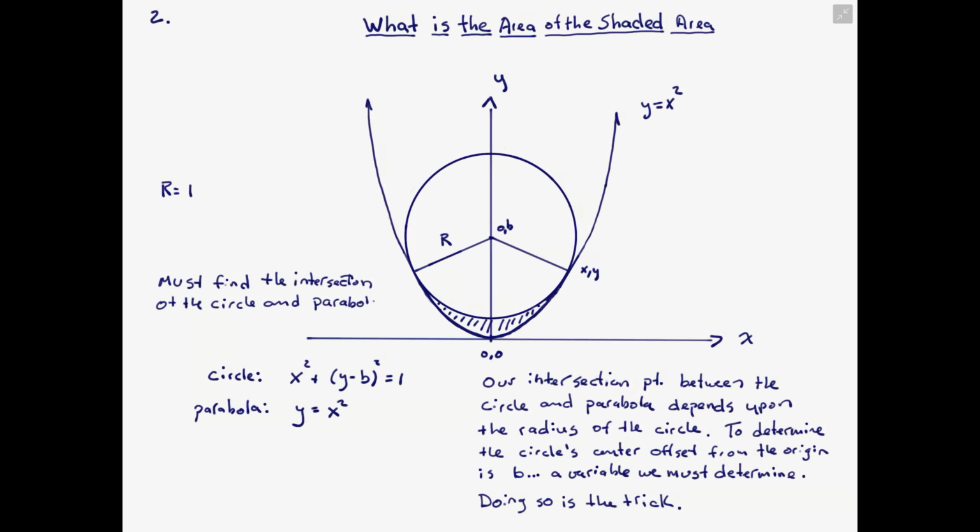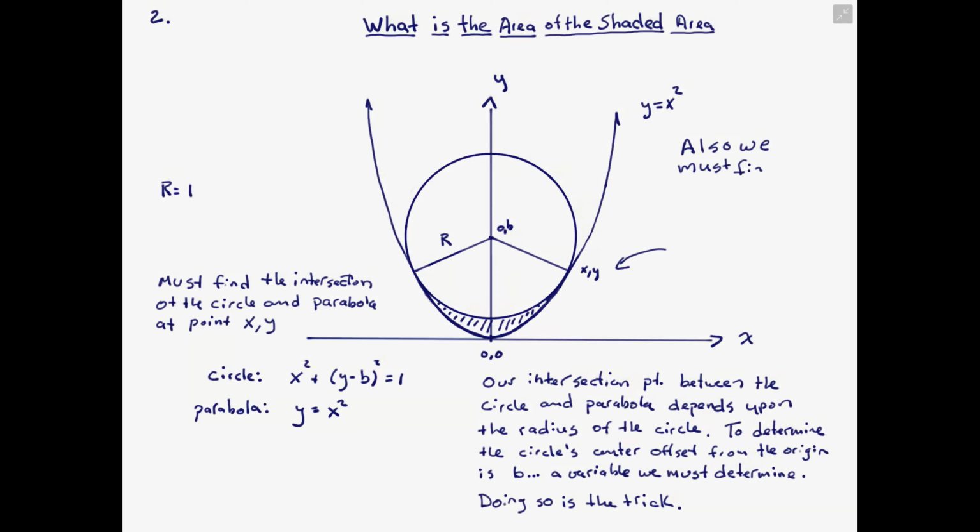We need these two equations in order for us to find the intersect point. We have to solve for y. In the case of the parabola, that's simple. In the case of the circle, we have to do a little algebra. And once we solve for b, with the given, we're given the radius is 1 of the circle. That part is given to us in the problem.